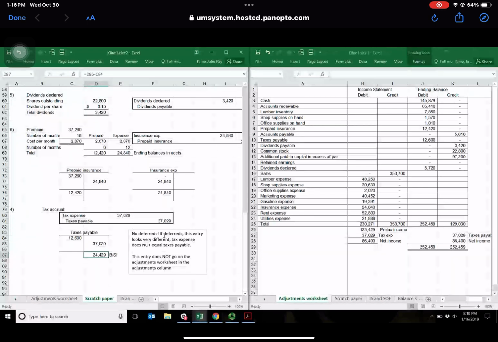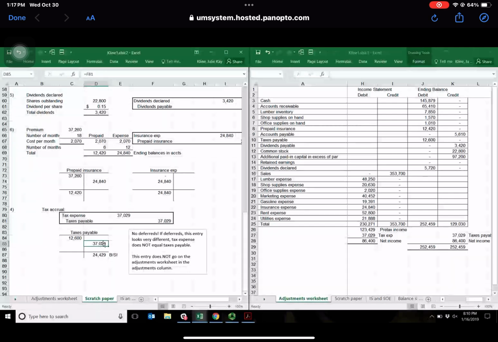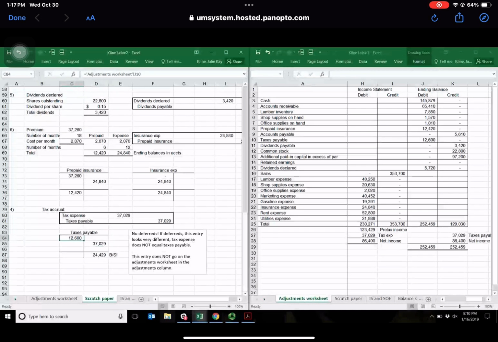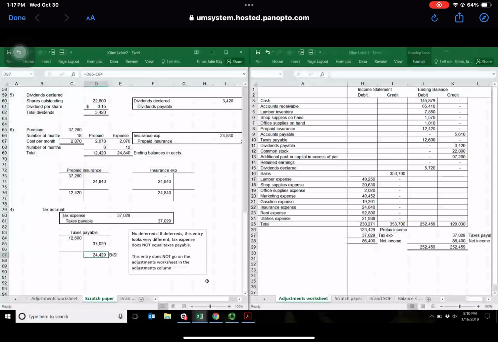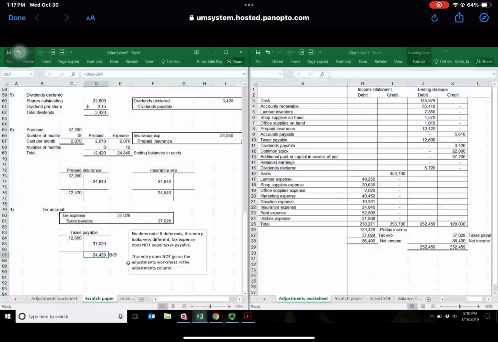That's what we owe at the very end of the year to the IRS. We had a total liability of all of our activity of 37,029, but we already paid them prepayments on that of 12,600. So that creates an ending balance there. So this is really important, this tax accrual. We're going to visit it a lot more in the course, but hopefully this helps with the first year.